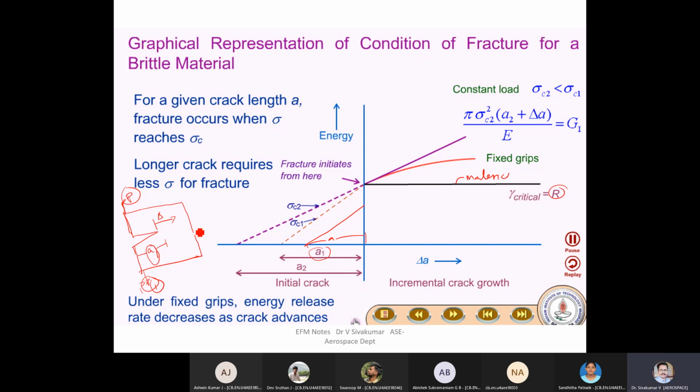Then another instance, another specimen having crack length A1, whatever stress is produced just touches this one.